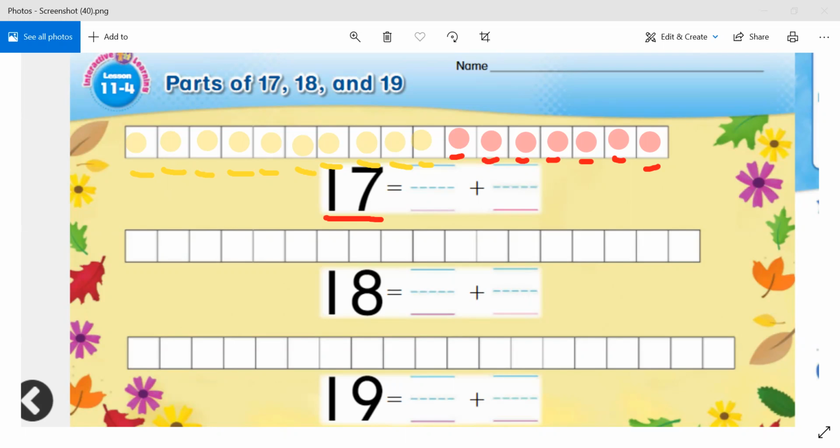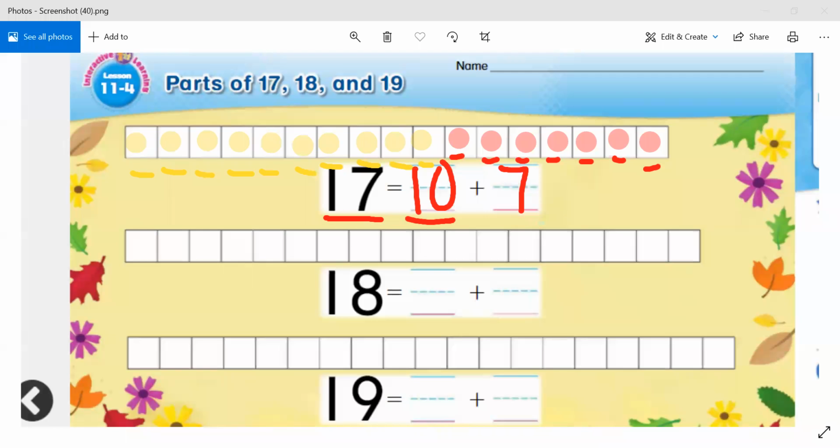So what number should we put next? We should put 10 because we have our 10 yellow counters. And what number goes last? 7, our 7 red counters. So we have 17 equals 10 plus 7.